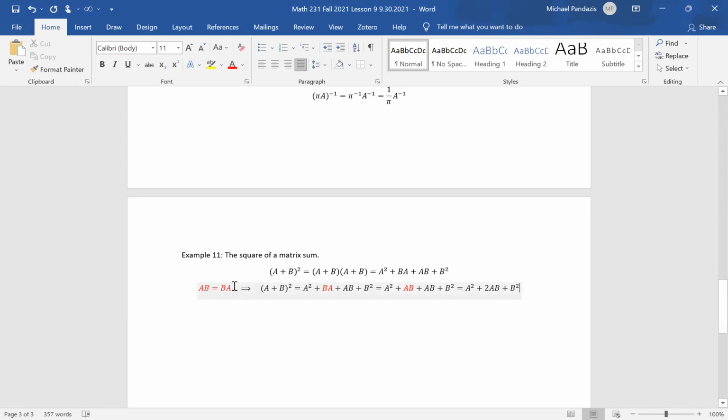When you multiply two matrices, the order of multiplication often matters, right? If it doesn't matter, if AB equals BA, then you can say that A plus B squared equals A squared plus 2AB plus B squared. If they're not the same, then you have to think of it as the sum of four terms like that, where these two stay separate. You can't combine them because they're different.